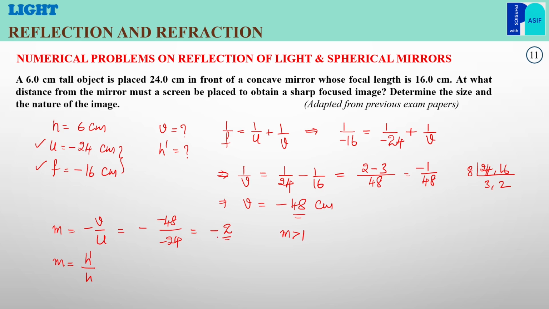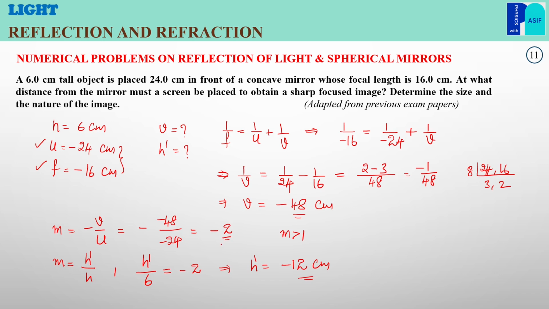We can equate the value that we got in the previous step with this equation, that is h dash by h. Therefore, h dash divided by h, that is 6, is equal to minus 2. So from this, h dash is equal to minus 12 centimeters. So minus 12, so magnification is 2, that means exactly twice.